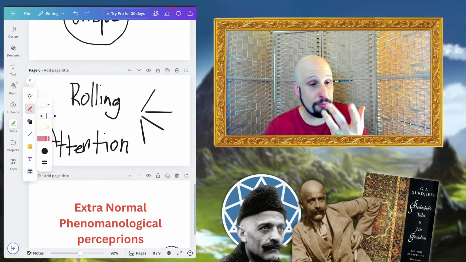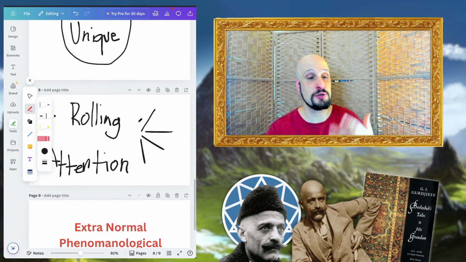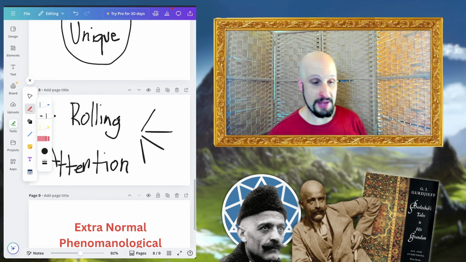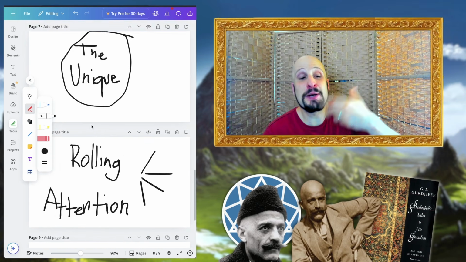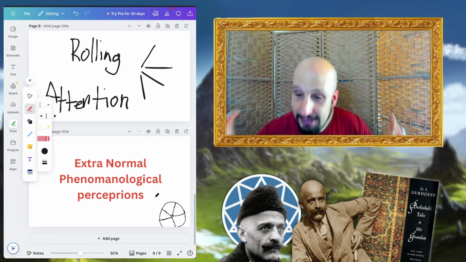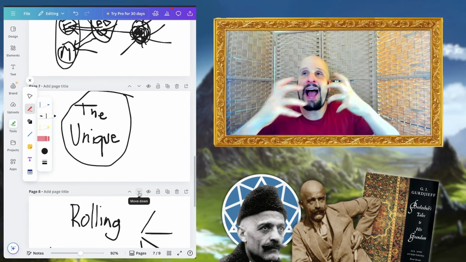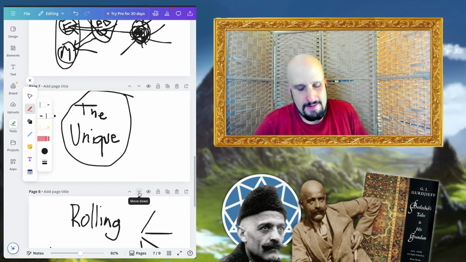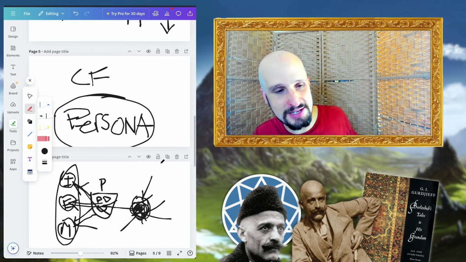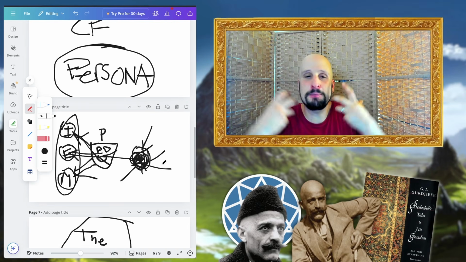It's a slippery sensation though, it doesn't maintain itself, so something has to arise within you that you're able to maintain it, and if you're able to maintain it over a long period of time, this expansion happens, this extra normal perception, and out of those extra normal perceptions, qualities can arise within you that you then are able to pull into yourself.